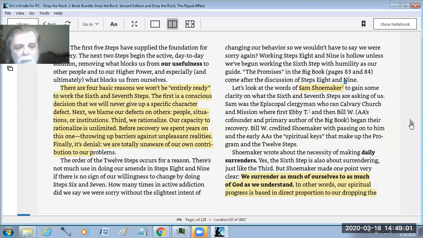And third, we rationalize in between drunkenness. We rationalize about our capacity, as it's been thought to be some sort of unlimited capacity that we would have. Before recovery, though, what it has actually become is that we're throwing up barriers against the unpleasant realities.